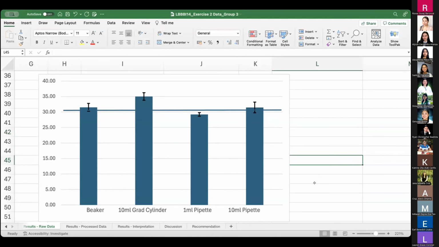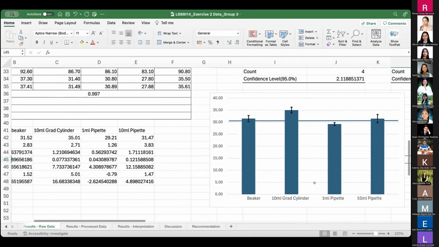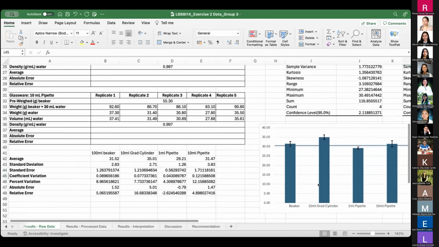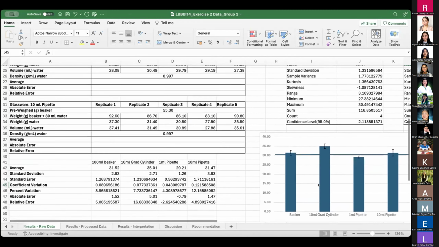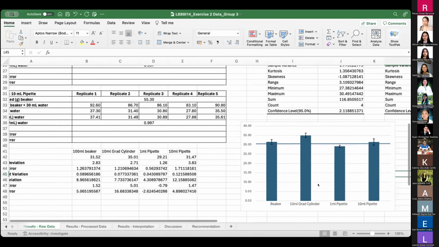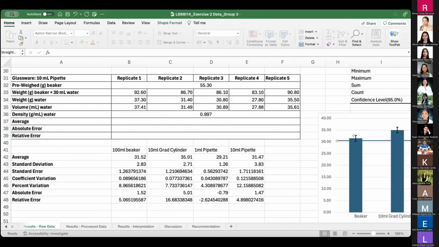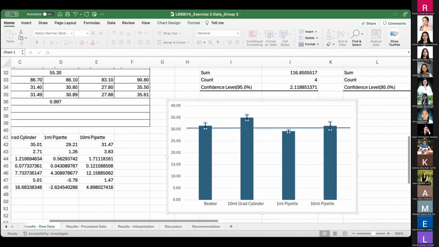Yung error bars po, miss, I use the... I think you can click it para makita mo kung ano yung source niya. Right click. Standard error po, miss. Naayos niyo na siya to standard error. Okay, thank you for that.